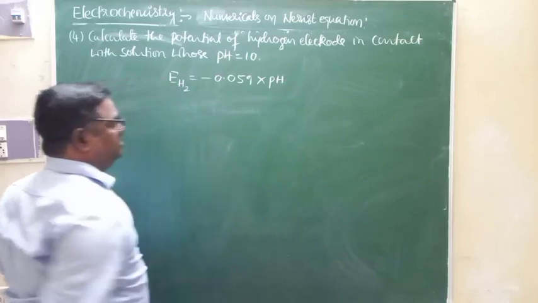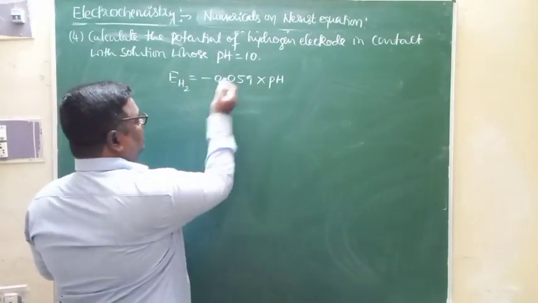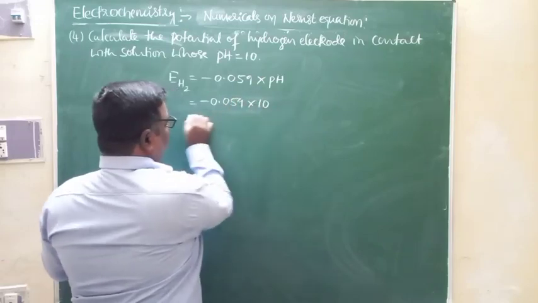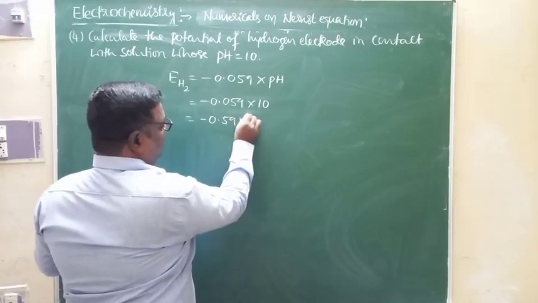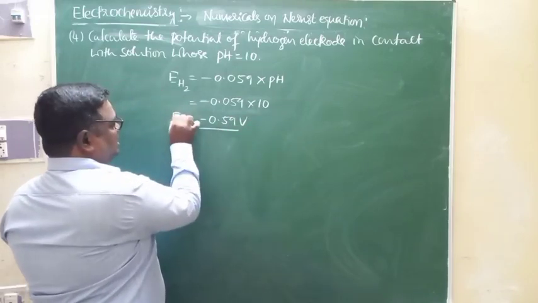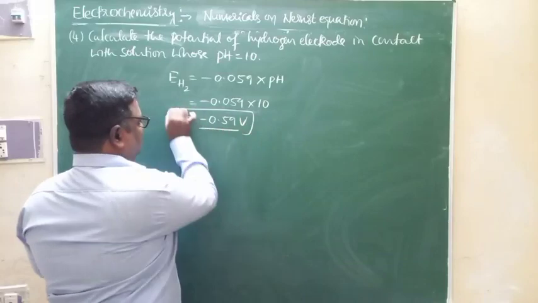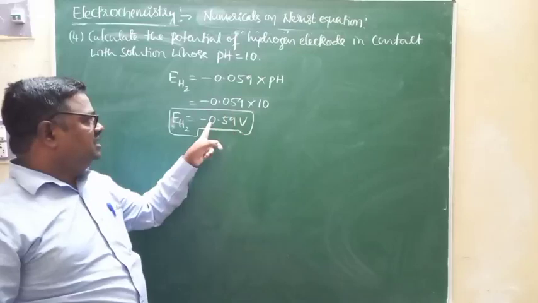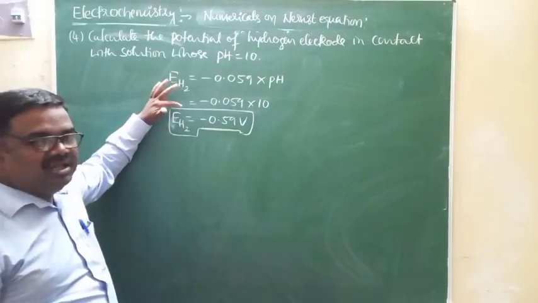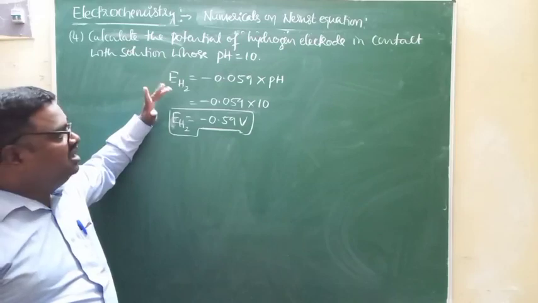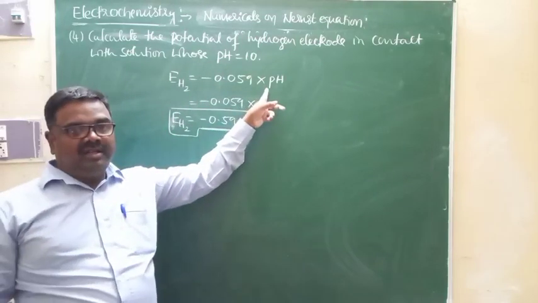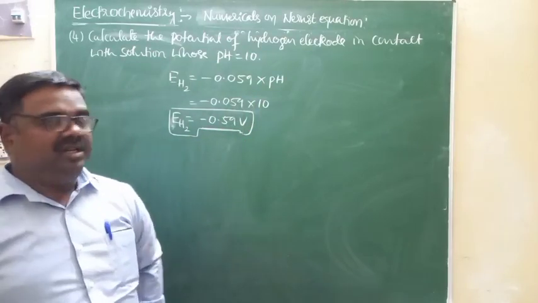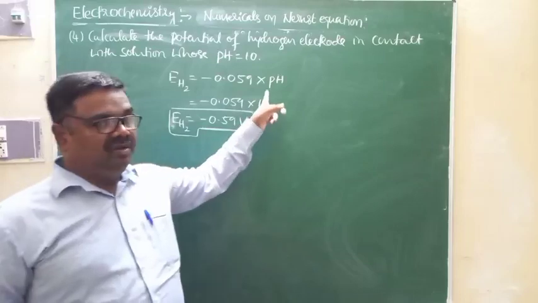Now pH 10 is given, so minus 0.059 into 10, which is minus 0.59 volts. This is the electrode potential of hydrogen electrode in contact with solution whose pH is 10. This is E of H2 is equal to minus 0.59 volts. Note it down. I have already proved this expression for you. So this is the electrode potential for hydrogen electrode for a solution with pH value 10.